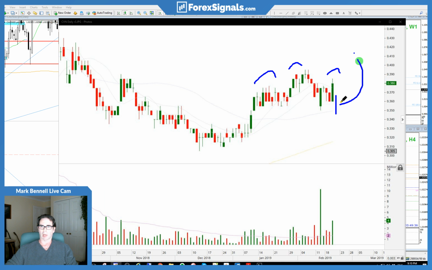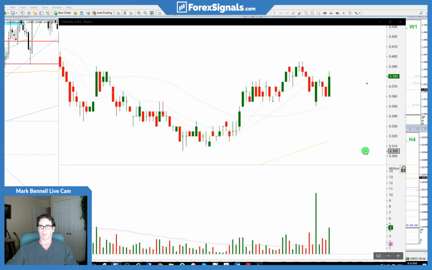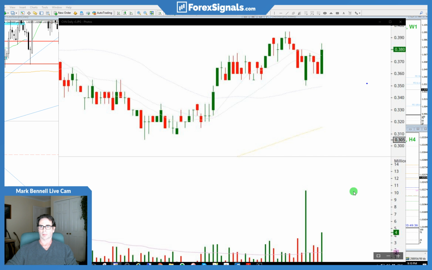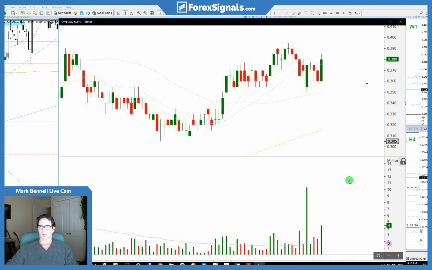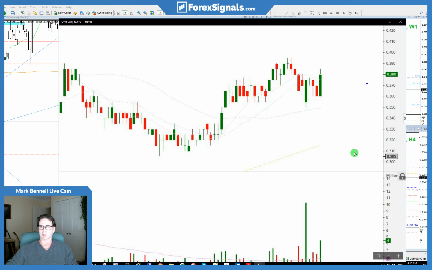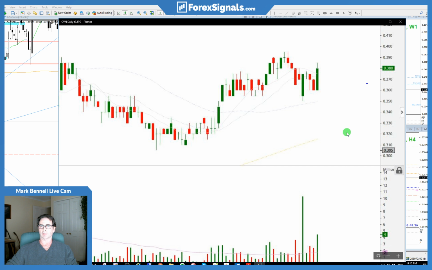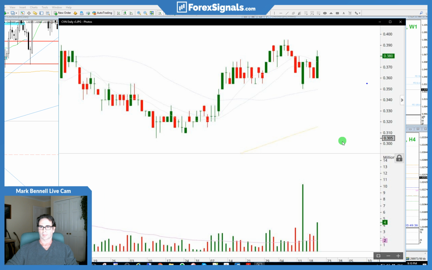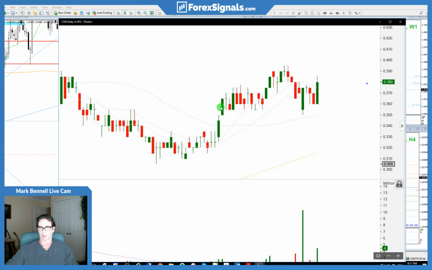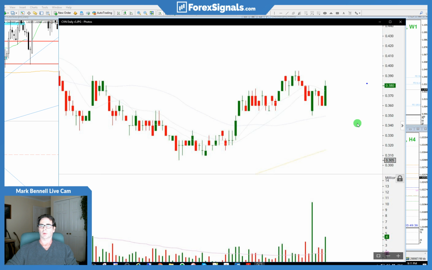We need a lower low from this candle. All right. Look at the volume. So does this one tick all the boxes? Absolutely. Right. See what some of these do? They just continue.